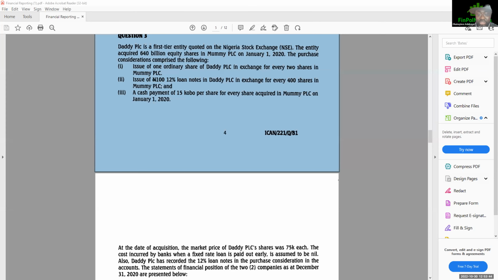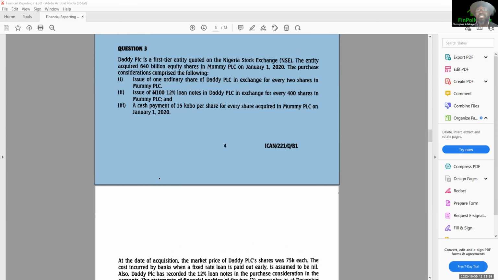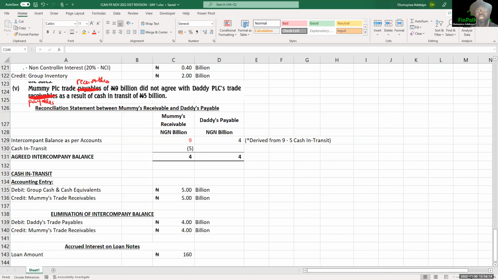Now, the loan amount is how much? Remember, the loan amount was 160. And we said in the information, we need to assess whether the examiner has told us that the interest on the loan note has been accrued or not.